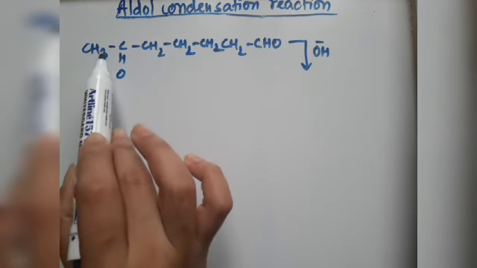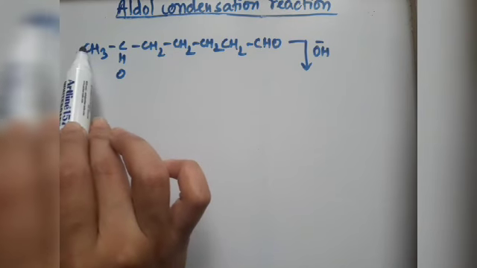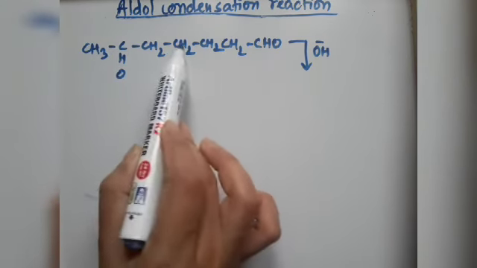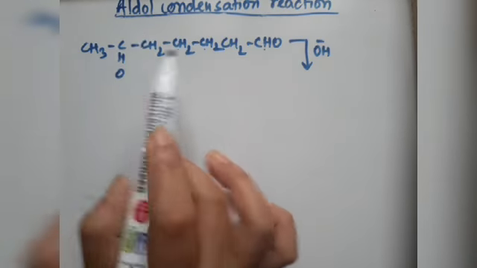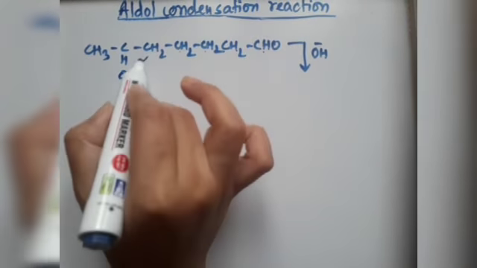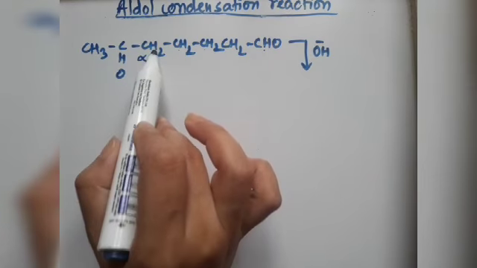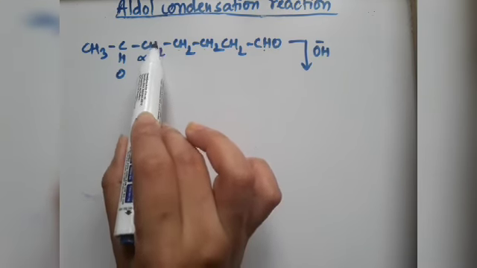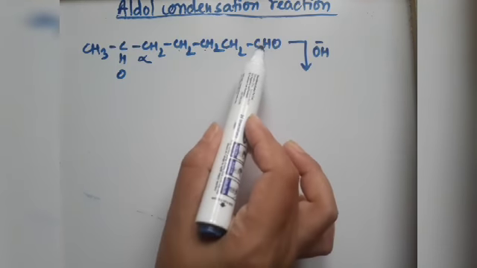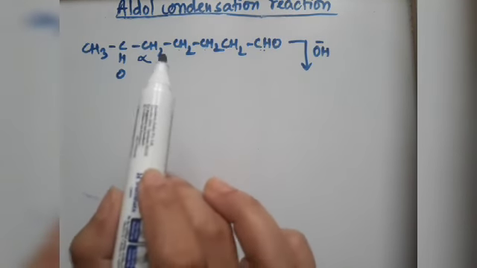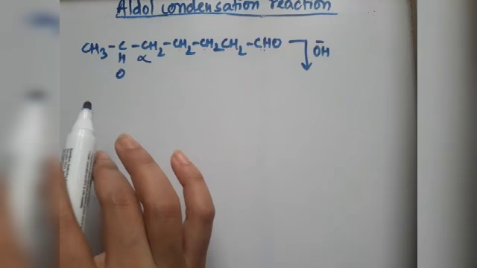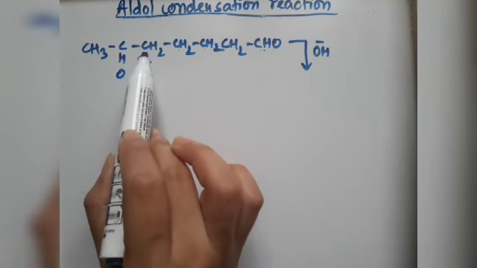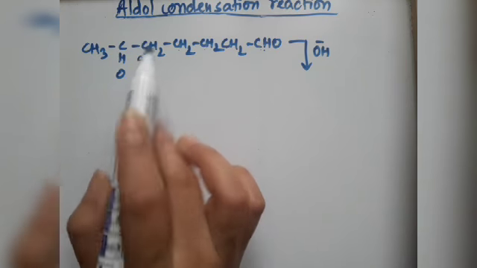But here you can see if carbanion is formed over here, how many members will be there in the cyclic structure? 1, 2, 3, 4, 5, 6, 7. But this is also an alpha carbon atom, and if hydrogen is abstracted from this carbon atom, how many members will be there in the cyclic structure? 1, 2, 3, 4, 5. A 5-membered cyclic structure is more stable than a 7-membered one. That's why the hydrogen atom will be abstracted from this carbon atom preferentially.